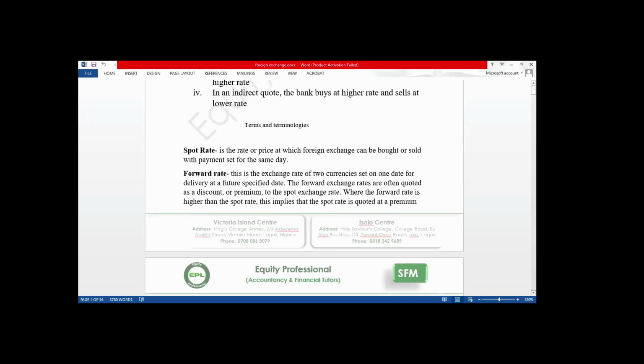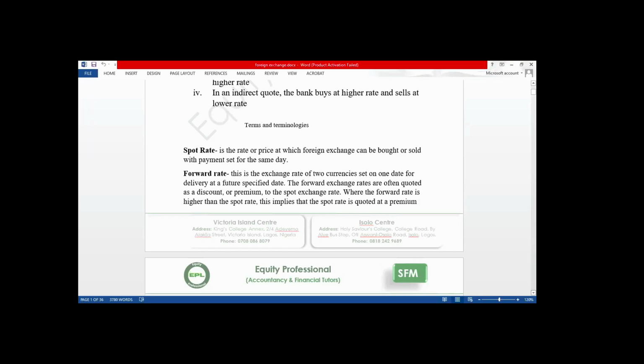Where the forward rate is higher than the spot rate. Remember, the spot rate is the exchange rate now. The forward rate is the future exchange rate.